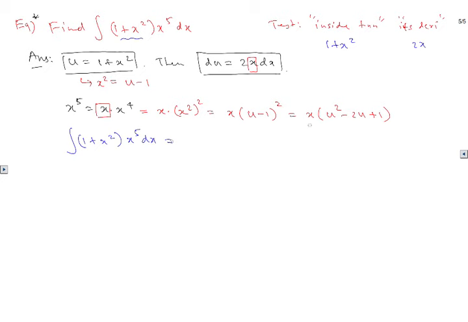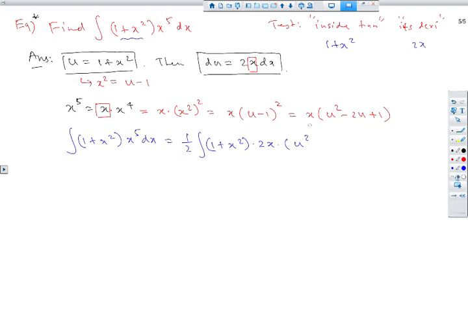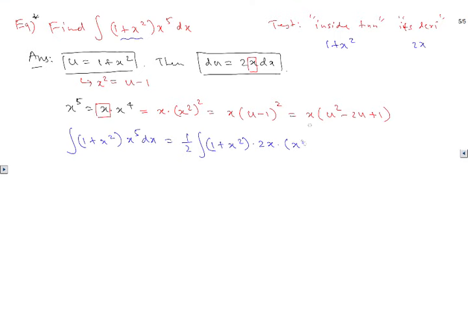The 2 is missing, so we have 1/2 here, and I'm going to rewrite everything before substituting, so x to the 4th you replace by u squared. Or let's write it the way we normally do, as x squared squared, and dx.